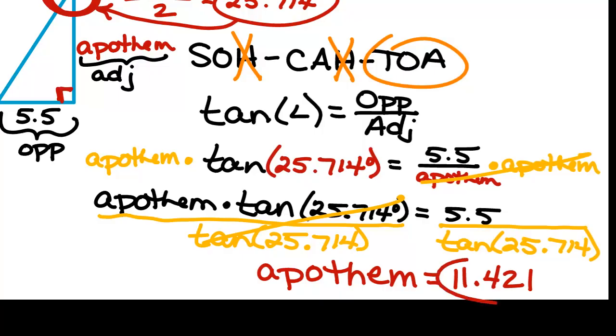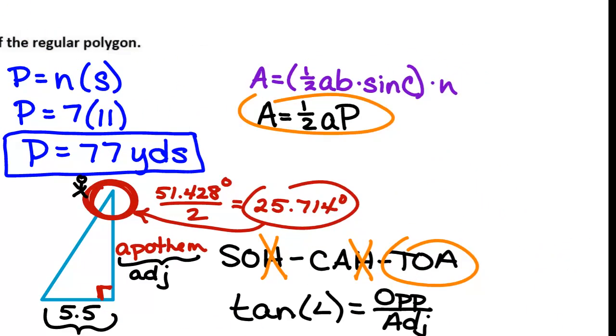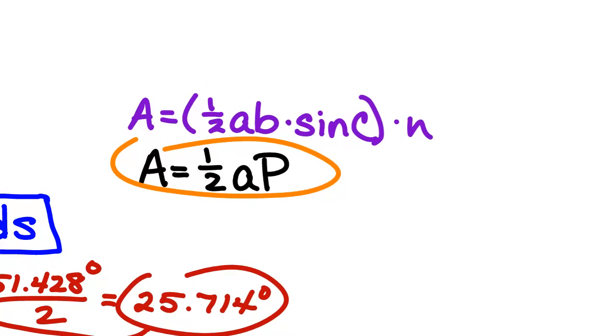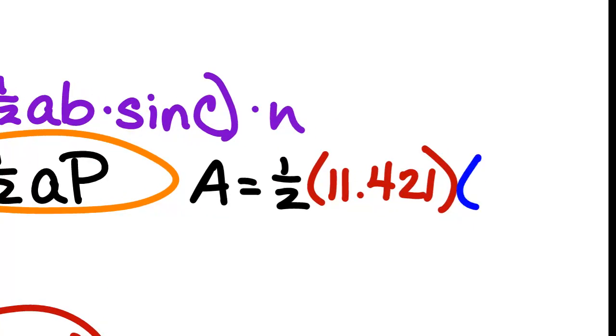All right, so here's my apothem. Now I can come up here and use this 1/2 AP formula. So the area is equal to 1/2 times that apothem that we just found, 11.421, times, what was our perimeter? 77.